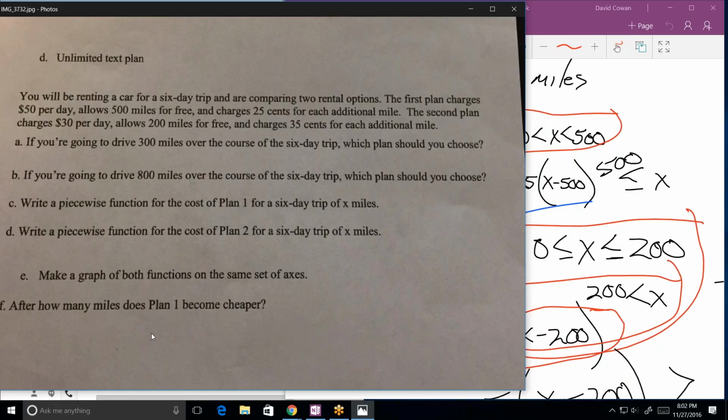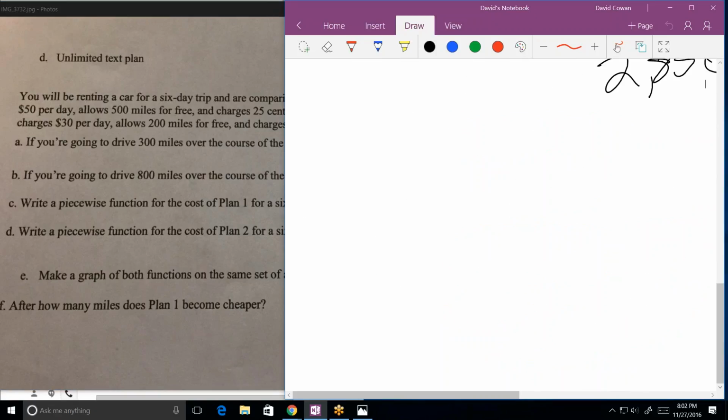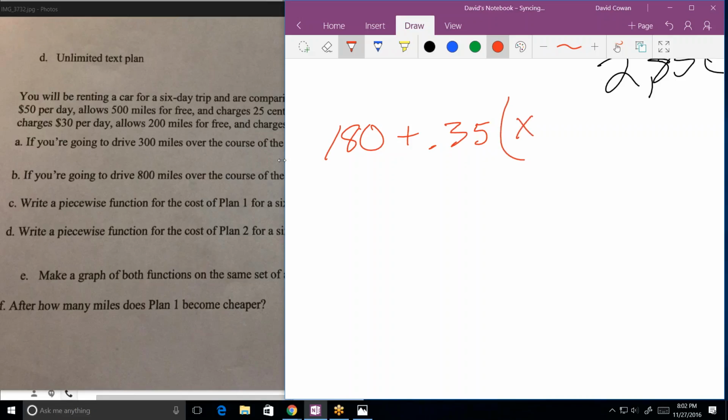So all we have to do is figure out where the second function is equal to 300 bucks. Oh, we did that. The second function is 180 plus 0.35 times X minus 200.